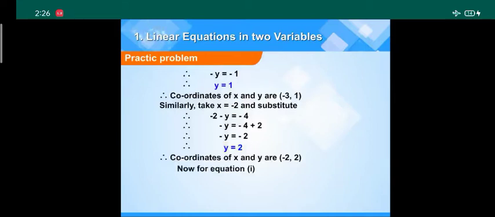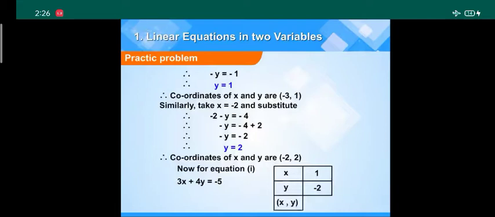Now for equation 1, 3x plus 4y is equal to -5: x is 1, y is -2, coordinates of xy are 1 and -2. Similarly, x is 5, y is -5, coordinates of xy are 5 and -5.